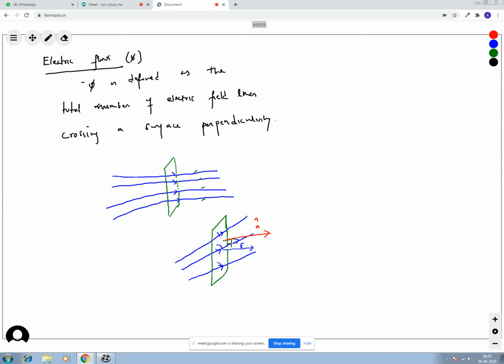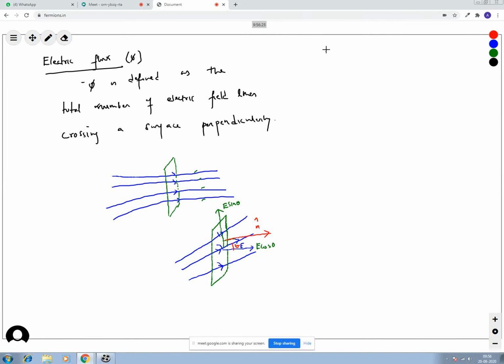If I break the E vector, this is theta, this must be E cos theta, and this must be E sin theta. I am not interested in E sin theta. I am only interested in which component of electric field is perpendicular to the surface, because electric flux will only be considered if the electric field lines are perpendicular to a given surface.